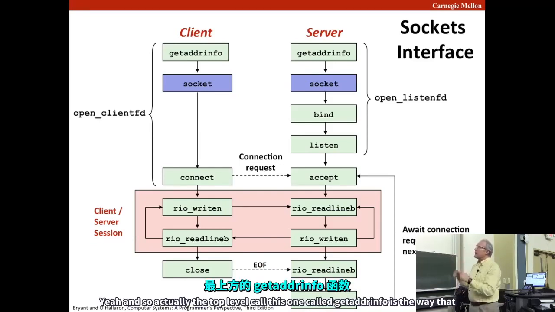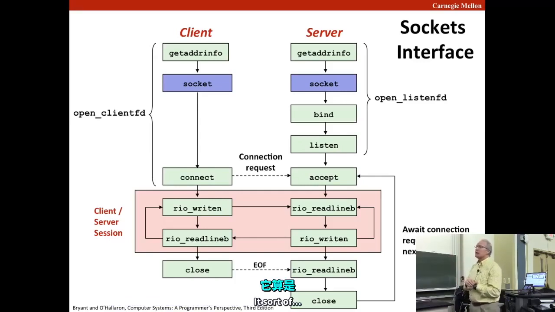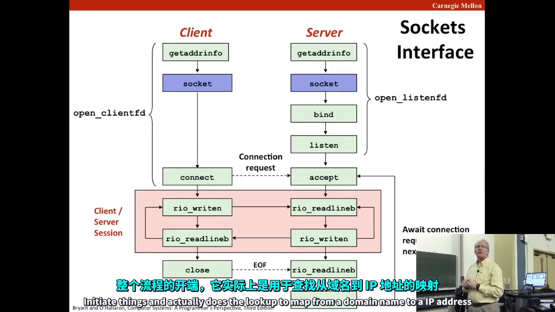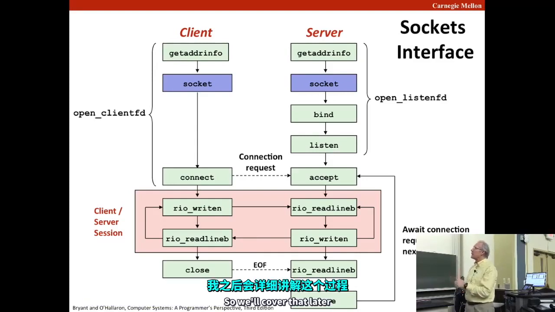The top level call, getaddrinfo, is the way it initiates things and does the lookup to map from a domain name to an IP address. We'll cover that later.